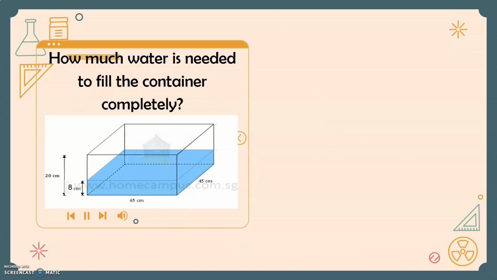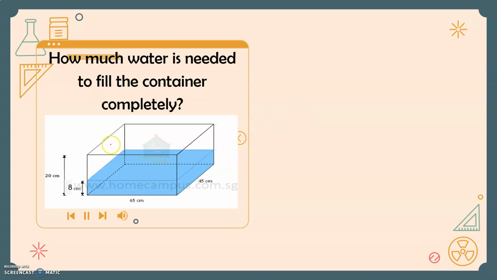Last example. How much water is needed to fill the container completely? Okay, so as you can see, we have here a container which is in the shape of a rectangular prism, and it already has water in it, which is 8 centimeters high. Okay. So there are actually two ways on how we can solve this problem.